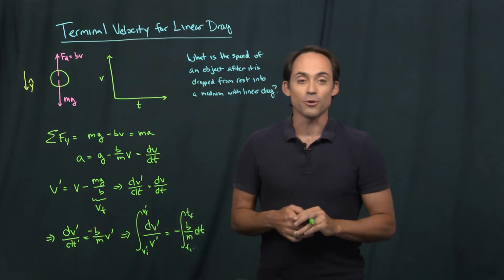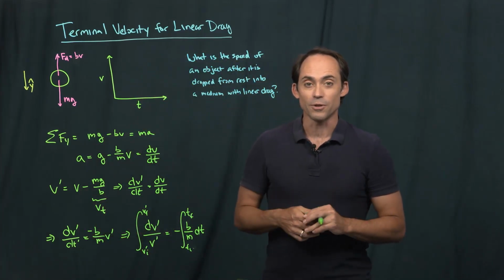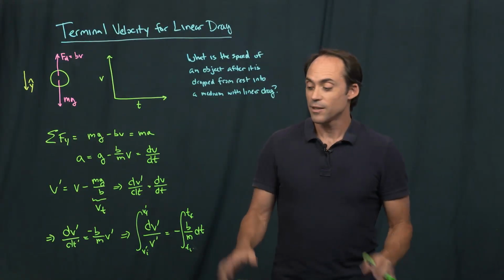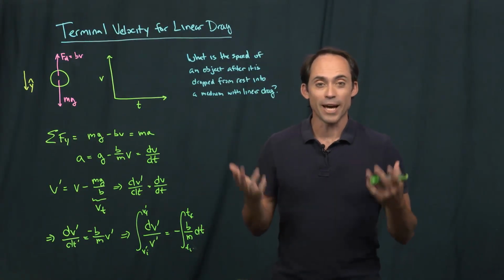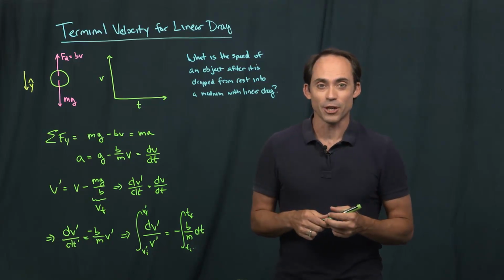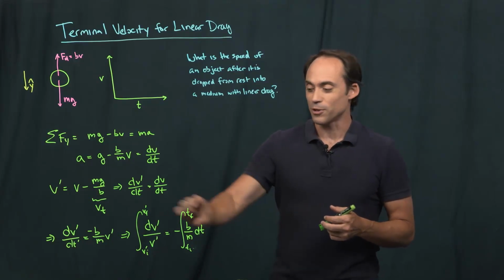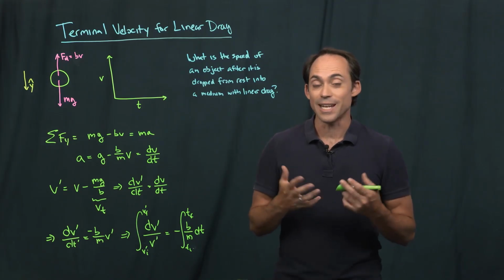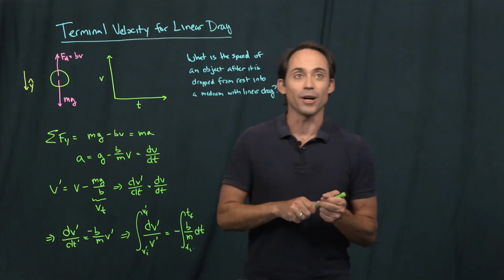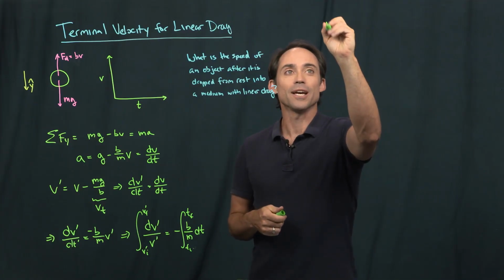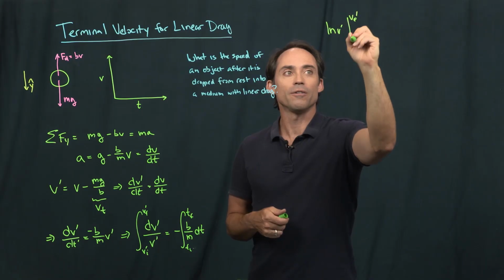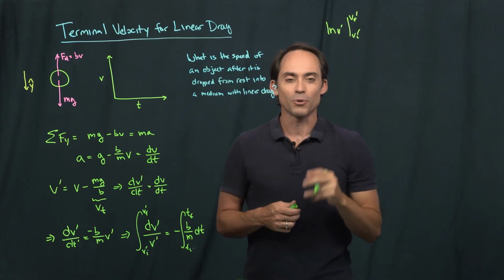And these are now the integrals that we need to solve in order to solve for the motion at any time along this path. So to solve for these integrals, we just have to go back into our tables of integrals and figure out how we actually solve for something like dv over v. It turns out that the integral of that is just equal to the natural logarithm of v prime. So we can write down the solution as log of v prime, evaluated from our initial v prime to our final v prime.